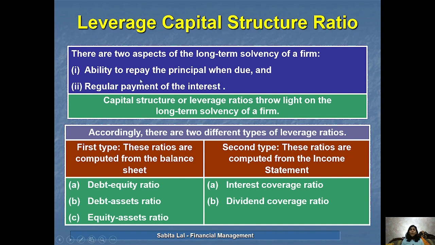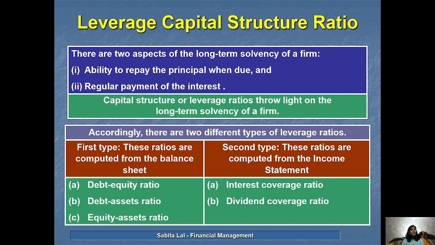Then from there you first pay your interest and you get your EBT or PBT, profit before tax. After that you deduct your tax and get EAT or PAT, your final profit. And if the company is paying dividend to its shareholders, you subtract the dividend.